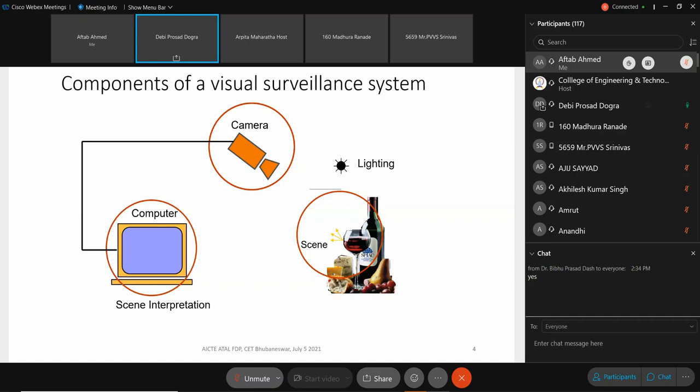It may be a wired connection or a wireless connection. But that is the brain, where the signal gets processed and you take a decision. So the scene representation actually happens within the computer. These are three components which are very important to build a typical surveillance system.